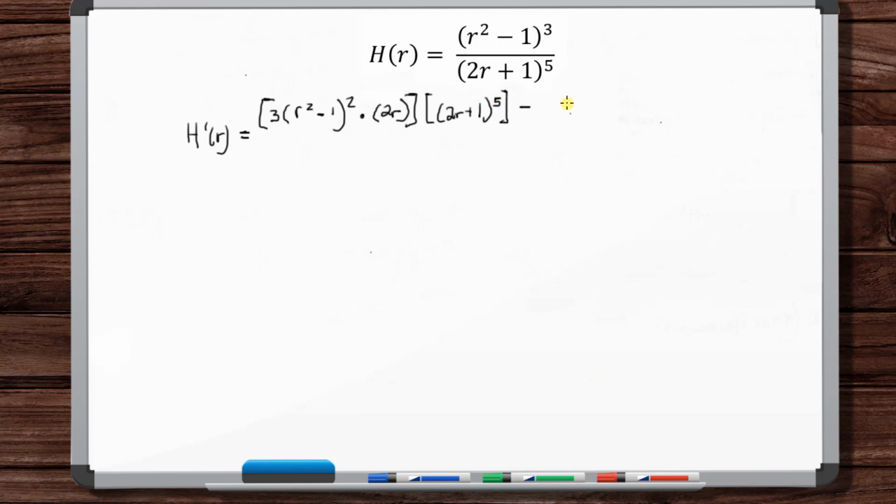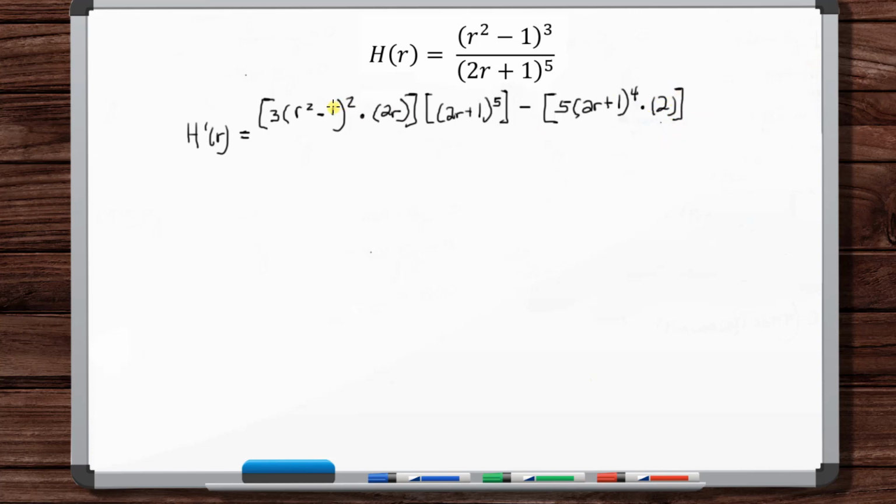Okay, minus the derivative of the bottom. Okay, we've got something to the 5th power. Derivative of something to the fifth power is 5 times that something to the 4th power. Now times the derivative of that something with respect to r. That's just 2.